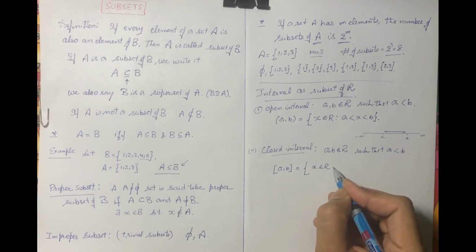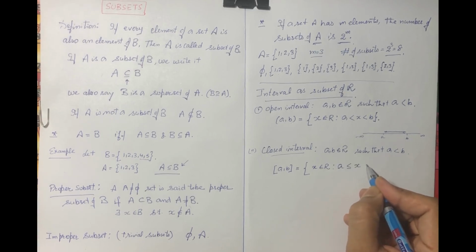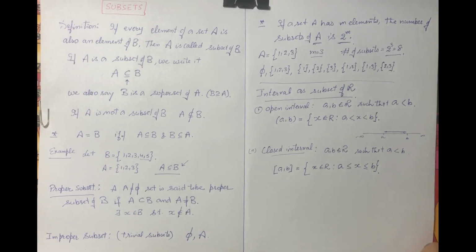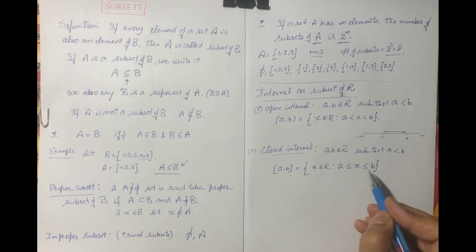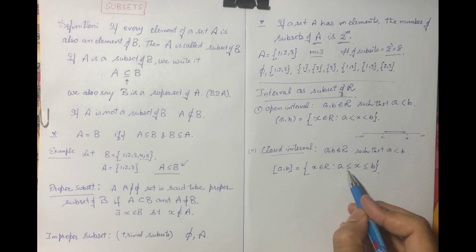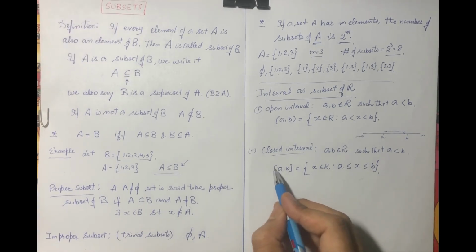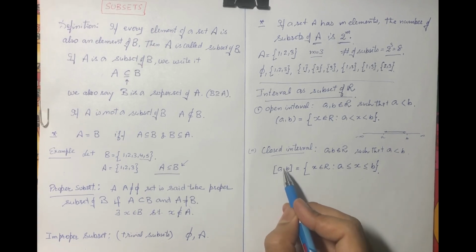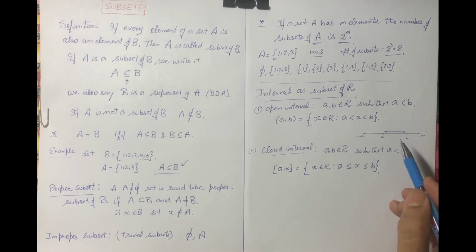X belongs to R, so all those elements x which are greater than or equal to a, less than or equal to b, including the endpoints. So this is denoted by square bracket and this is called closed interval of this set. So on real line, again here endpoints are also included.